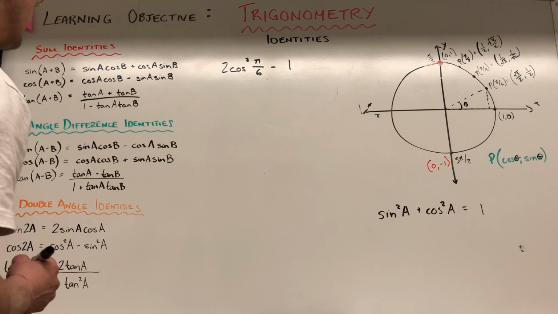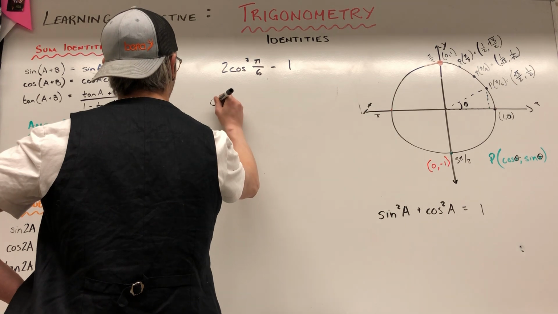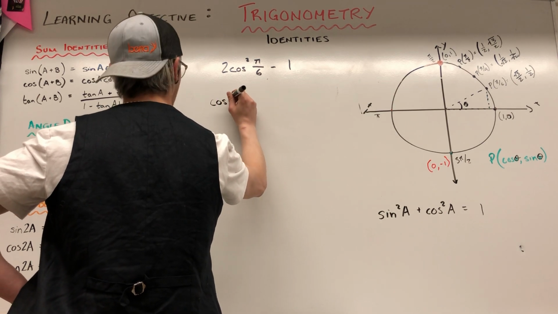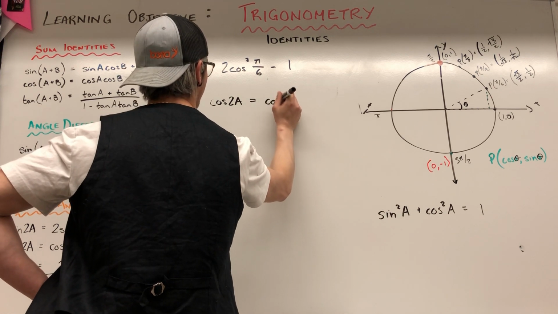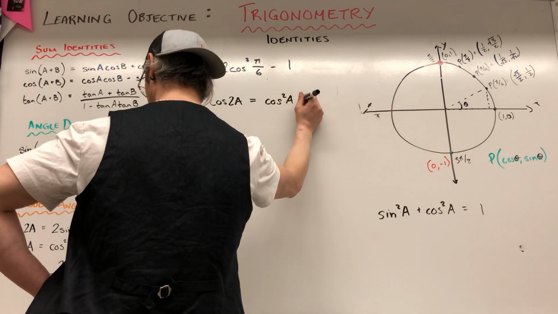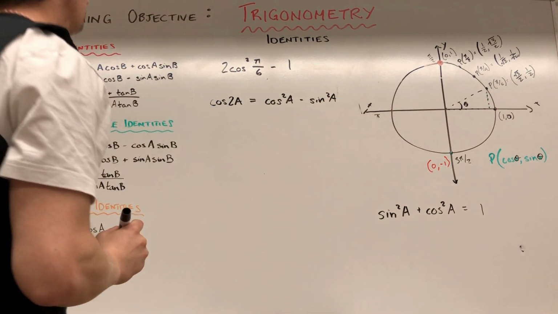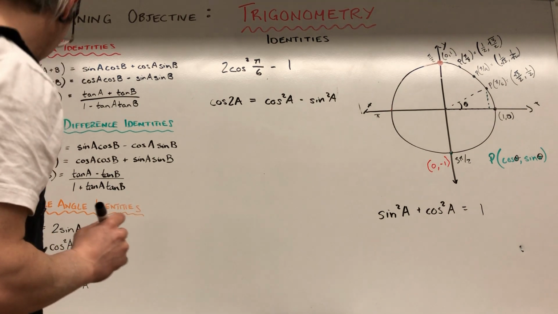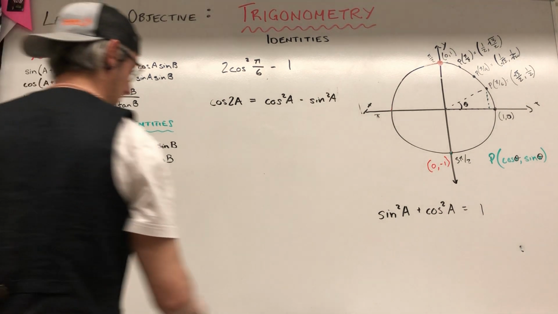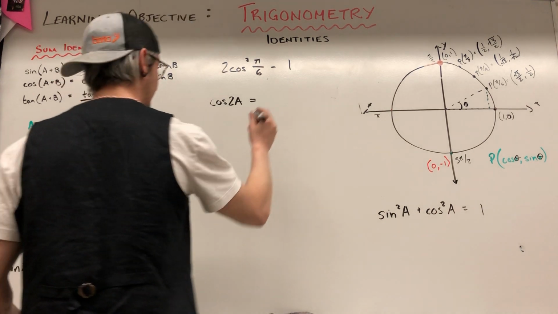Weird. So cos 2A is equal to cos squared A minus sine squared A. Basically, this is why I don't like this unit.